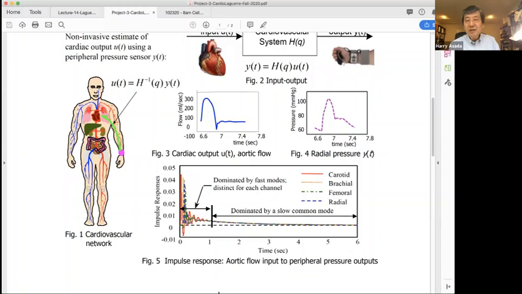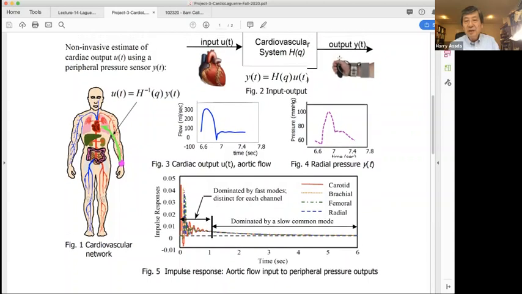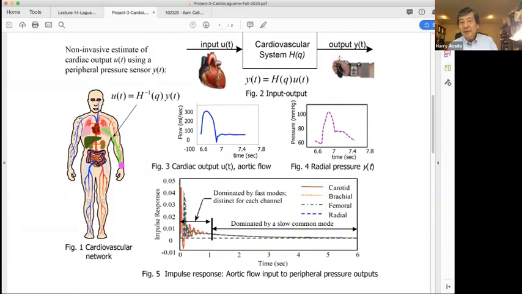The sensor is not that perfect, and so much colored noise comes into your measurement here. So the bias involved in the estimate is a major hurdle that you have to go over. So in many ways, the FIR, as I emphasized, has very good properties to cope with this kind of problem.